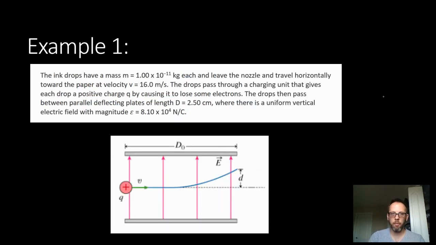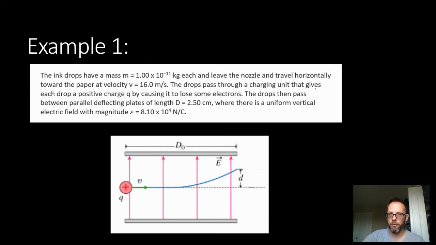In our first problem, we're looking at an ink droplet with a mass of 1 × 10 to the negative 11 kilograms. It leaves the nozzle and goes through this parallel plate capacitor at 16 meters per second.